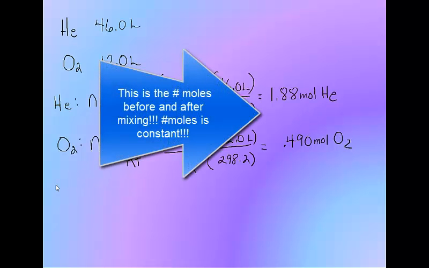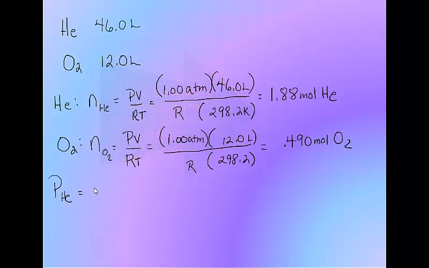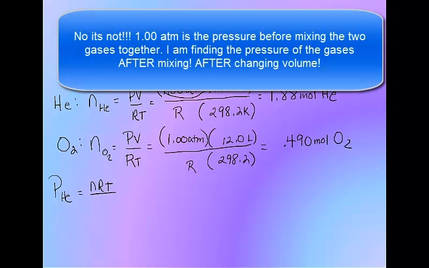The pressure then of the helium is also going to be used, PV equals nRT, because don't forget this 1 atmosphere here, this is the total pressure. So now I want to find the pressure of each individual gas.